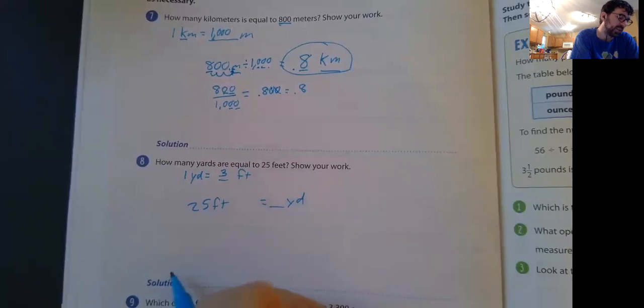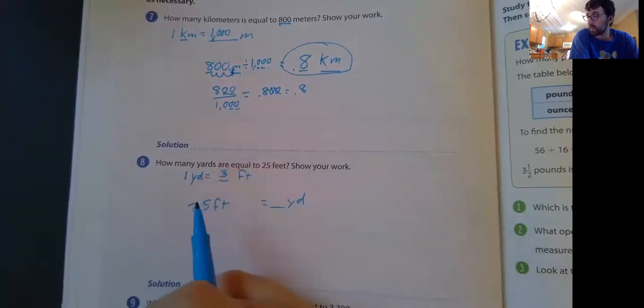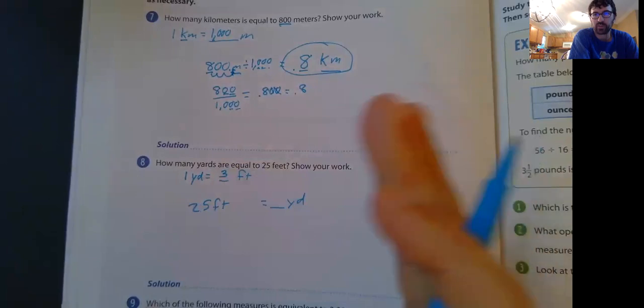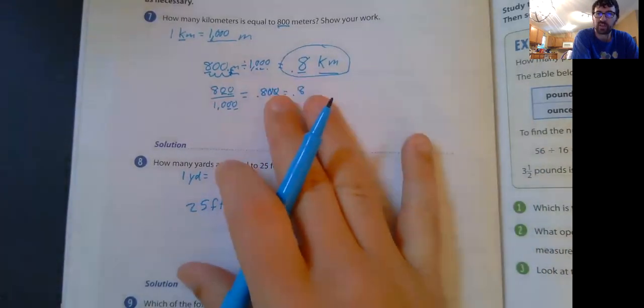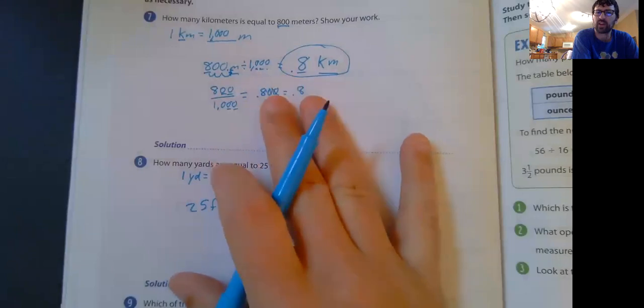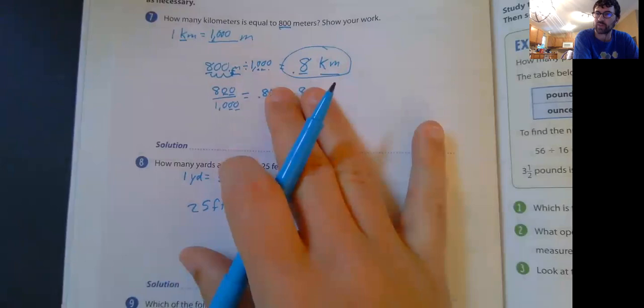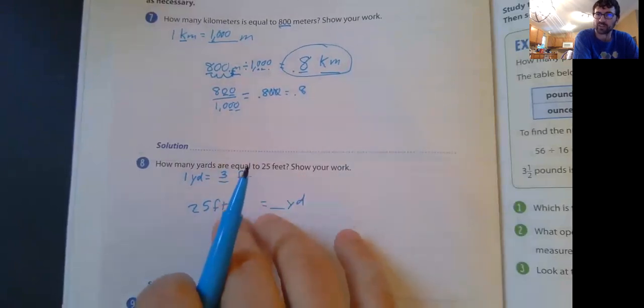right? So blank yards. Now, because we're dealing with the customary, I'm going to write this as a fraction. So just in general, not always, leave metric measurements like meters as decimals, and use customary measurements as fractions in general.